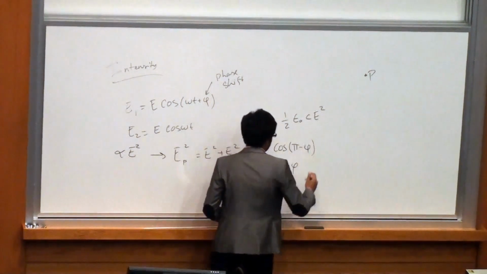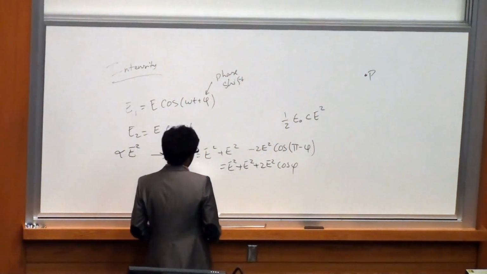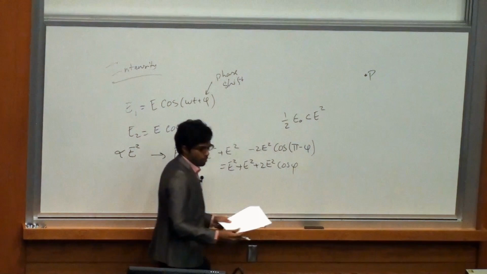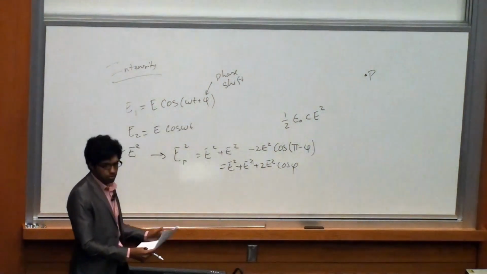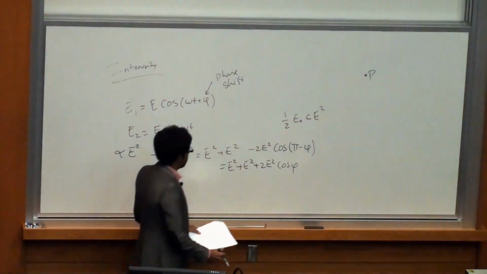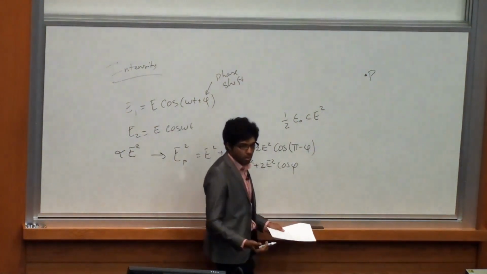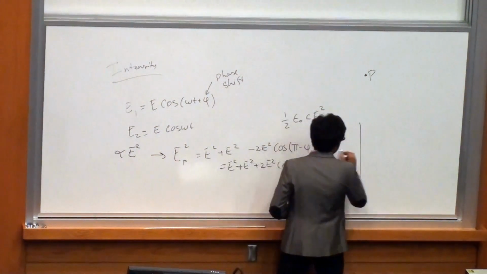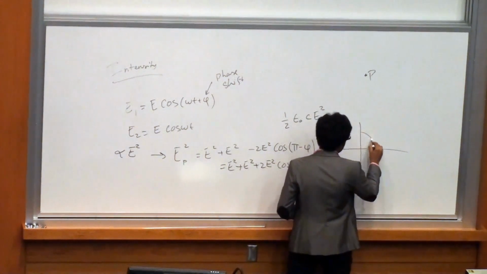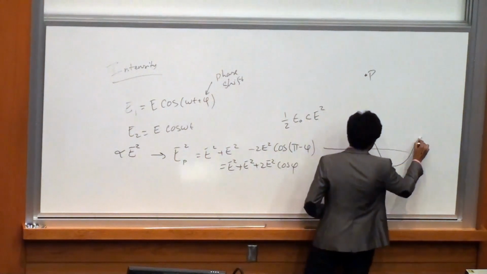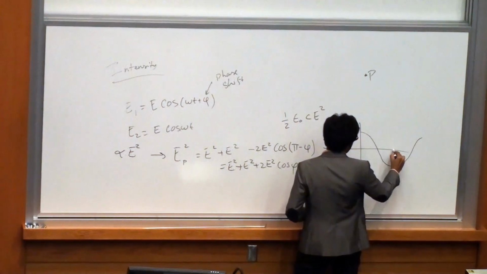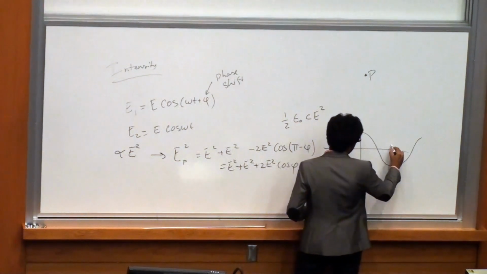I'm using this identity when I take pi out of the cosine. I can basically ignore that part. Well, not ignore, but if I shift either sine or cosine by pi, so if I have my plot, let's say I have cosine, something like this. This is my pi over here.